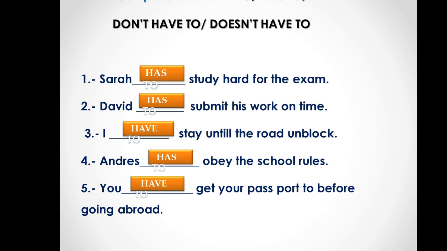But have to is external obligation. Okay? The motivation comes from external. It could be from your environment. It could be from the rules of the environment. Okay, thank you.